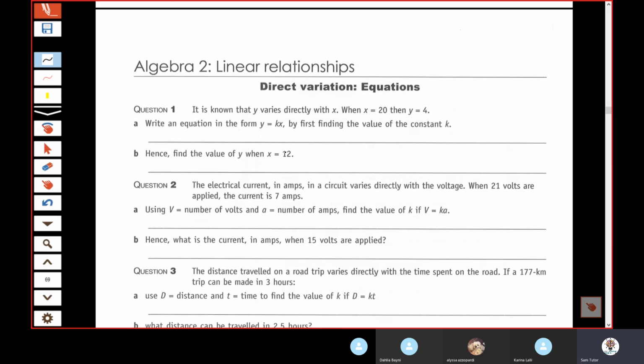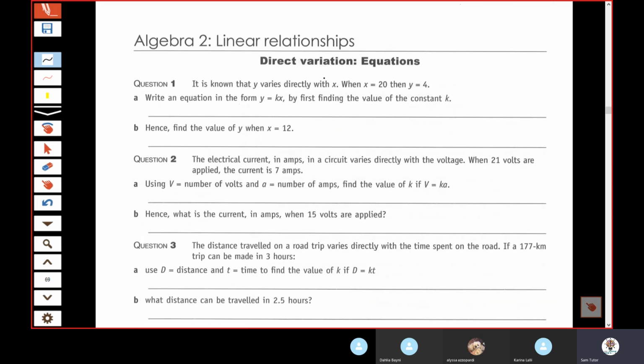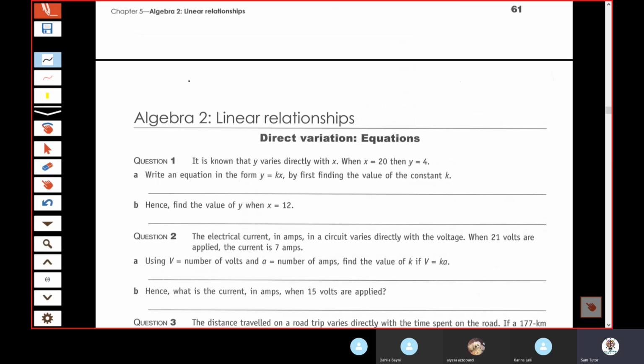All right, direct variation equations. It is known, so direct variation, just so we understand this. We know there's a relationship between y and x, and they're directly related. We just don't know if it is related like this, so if it's y equals 1x, if it's 2x, if it's 3x, 4x, if it's 4/5x, if it's 4/7x.